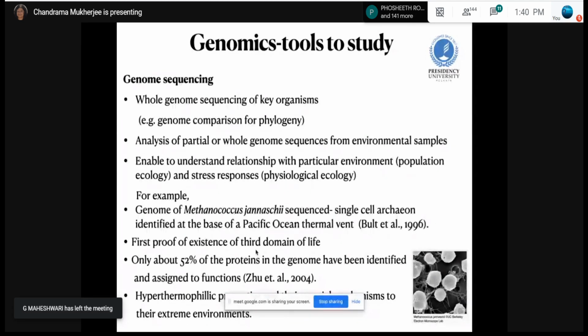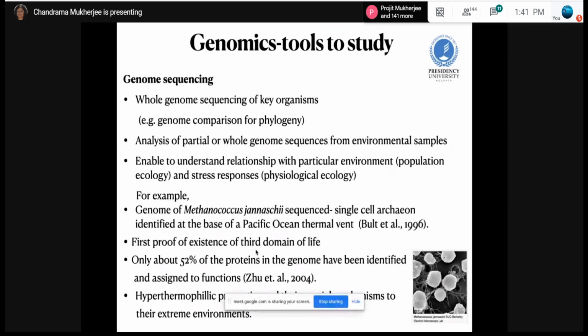The discovery provides fundamental information about life on Earth, its evolution and diversity. It is known that 52% of the proteins of this particular organism have been assigned functions. The remaining percentage of proteins is still unknown, and we don't know how the proteins of this organism exhibit such hyperthermophilic properties so that it can adapt to extreme environments.